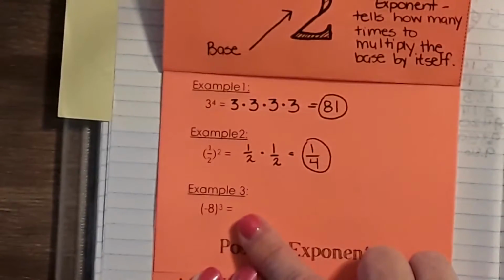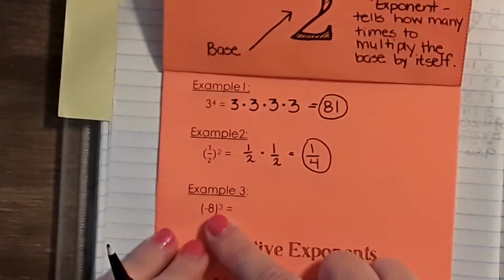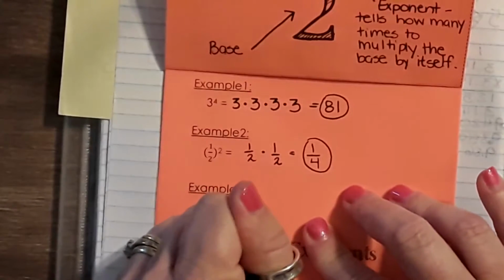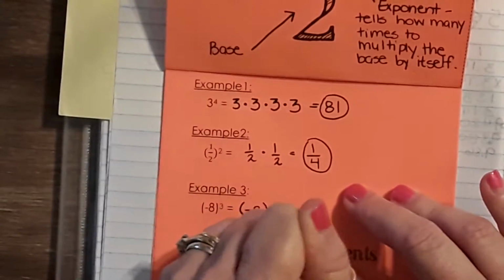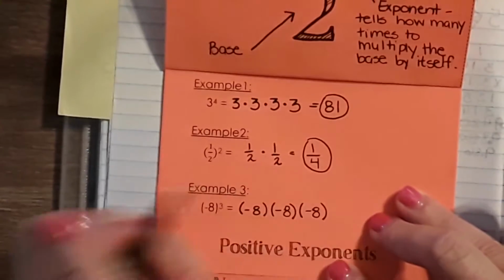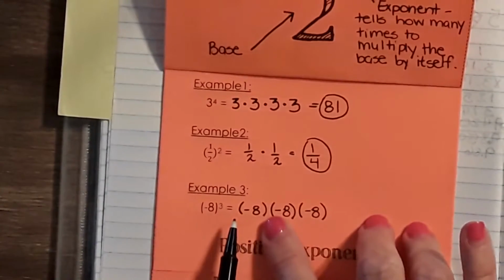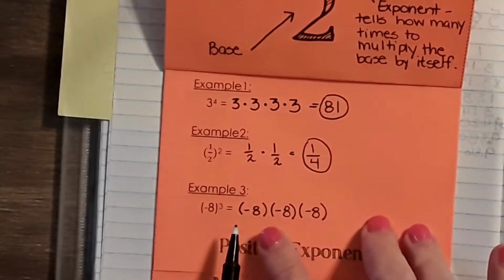All right, our next one is example 3, -8 cubed, or -8 to the 3rd power, which means -8 times -8 times -8. Okay? Remember, a negative times a negative is a positive, so -8 times -8 is a positive 64.